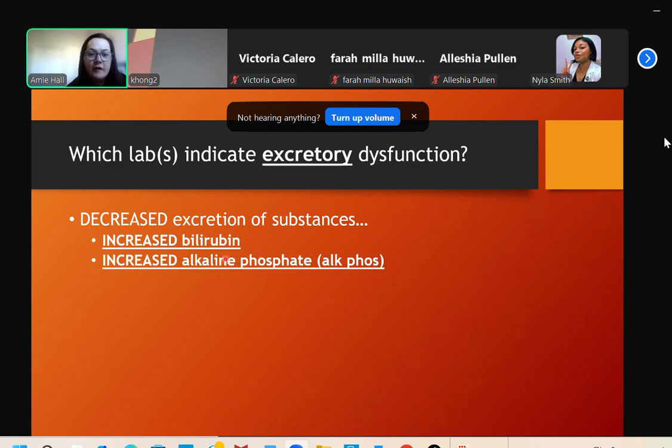So if we're not able to excrete that, we're going to have an increased ALK-Phos. So it's not just enough to know which lab values go with which function of the liver, but you have to know whether they increase or decrease in dysfunction of the liver or in cirrhosis.